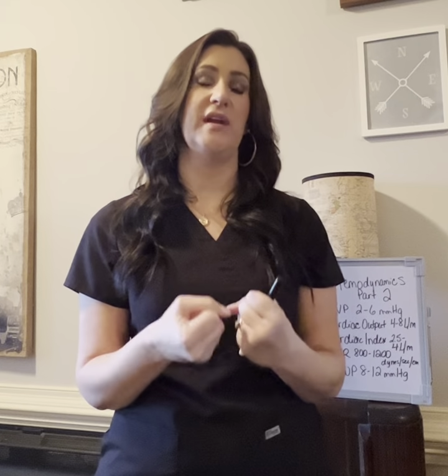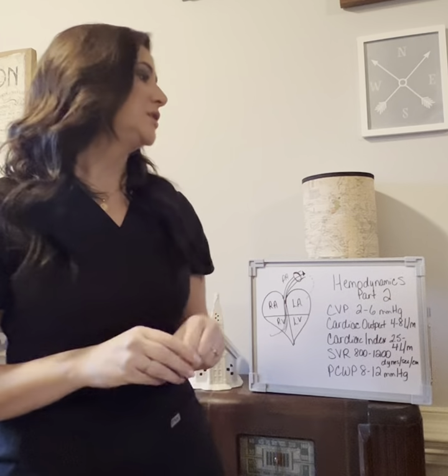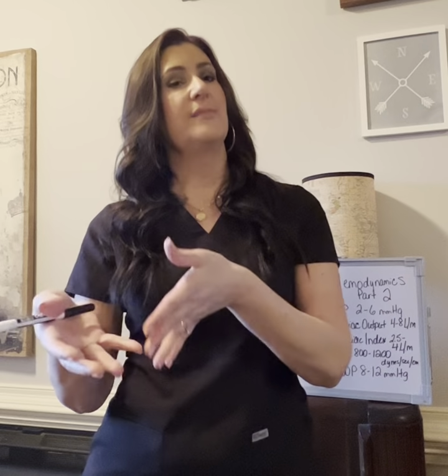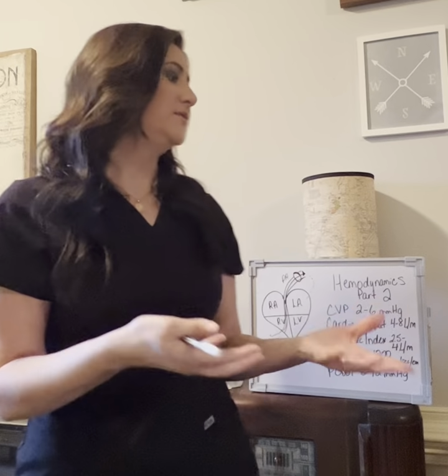Also, contractility, or the pumping effectiveness of the heart, affects cardiac output. So stroke volume is the amount in liters ejected from the left ventricle with each heartbeat, with each pump, and if we multiply that times our heart rate, that gives us cardiac output.